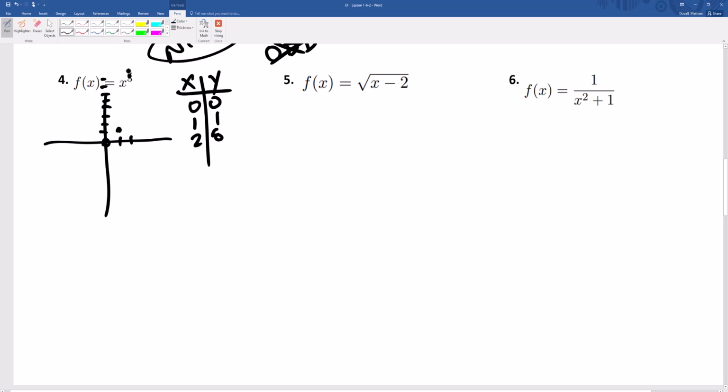I don't really know what's going on with that. So let's try some negative numbers. Negative 1 is negative 1, negative 2 is negative 8. Oh, well, look at that. So it looks like your graph is doing that.